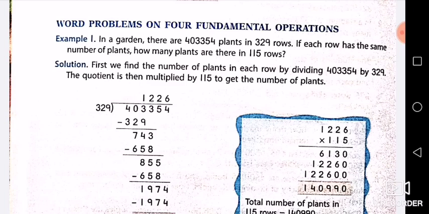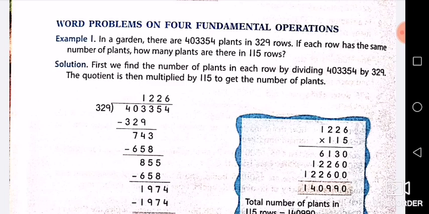In this question, the number of plants in 329 rows has been given to you, that is 4,03,354. These many plants were there in 329 rows. So, if each row has the same number of plants, how many plants are there in 115 rows?